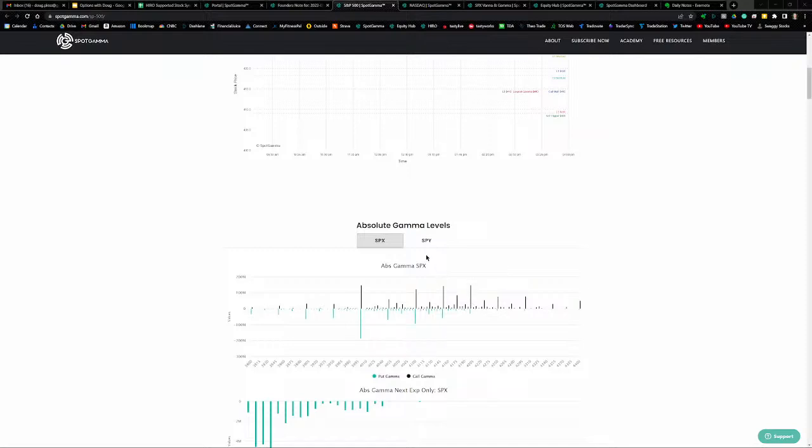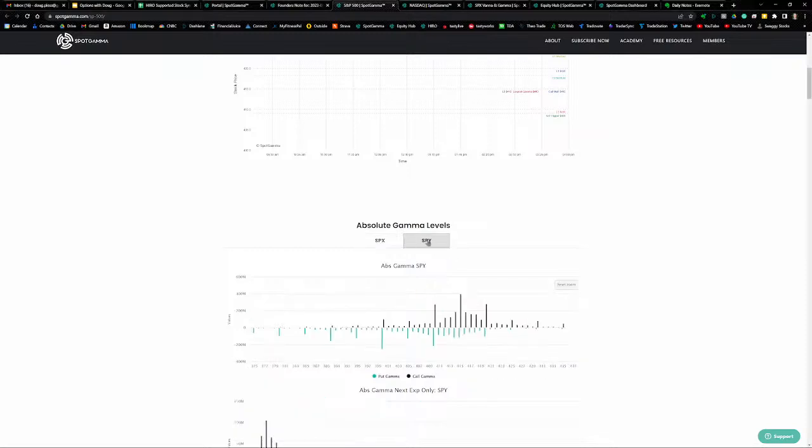Okay, so that is the SPX, and there's SPY. So for SPY, there's the 400 put wall, and that's pretty obvious, the strike with the largest net negative gamma. And again, the 415 key gamma strike, and that's also the call wall. So it's pretty obvious there. That is the strike with the largest net positive gamma.